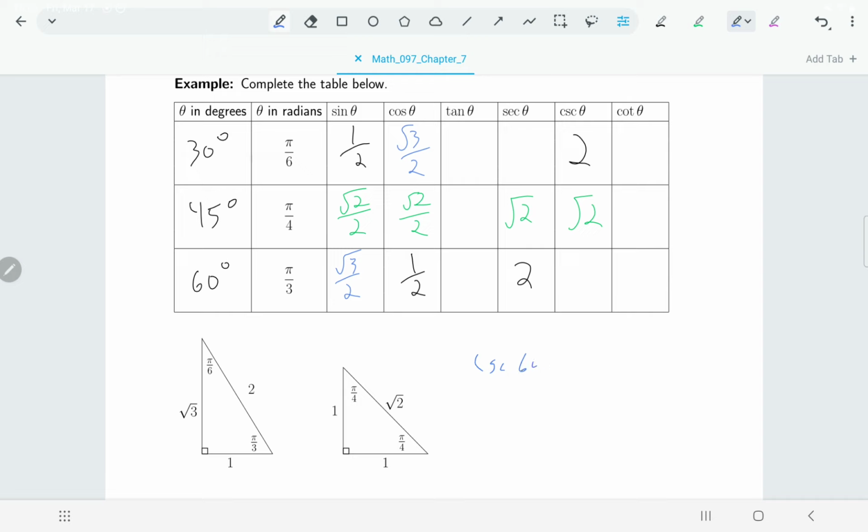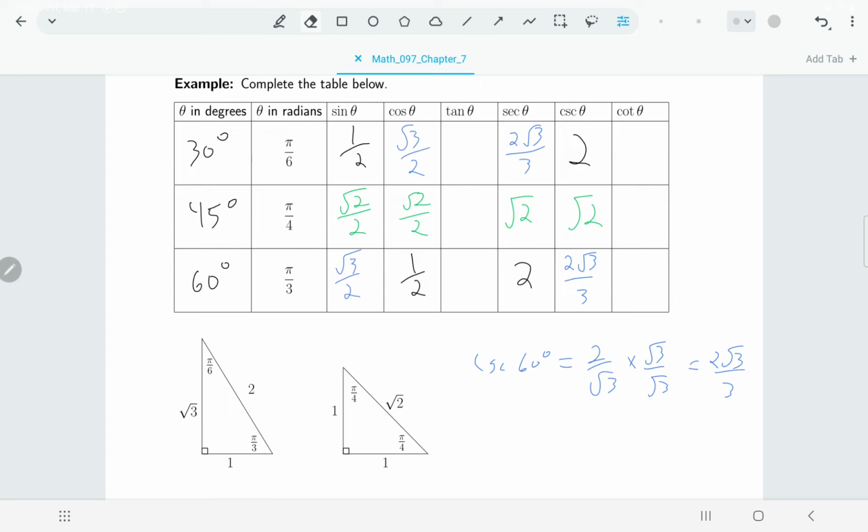So for cosecant of 60 degrees, it should be the reciprocal of that, which is 2 over root 3, which, when you simplify it, gives you 2 root 3 over 3. And similarly, since we know what cosine of 30 is, then you also know what secant of 30 is, and it's the reciprocal of that, which is also 2 root 3 over 3.